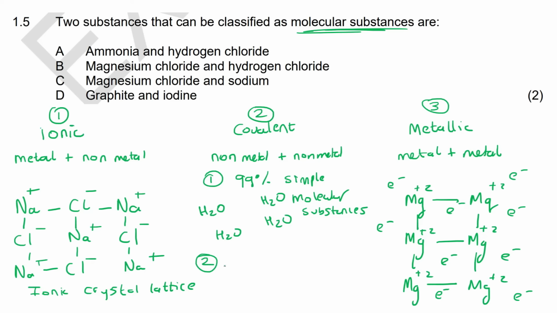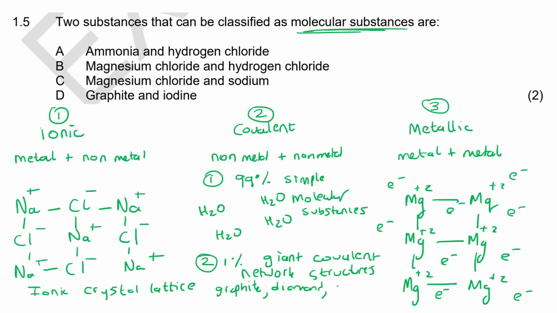Then we get the other 1% of covalent is what we call giant network or giant covalent network structures. And that would be things like graphite, diamond, silicon dioxide.